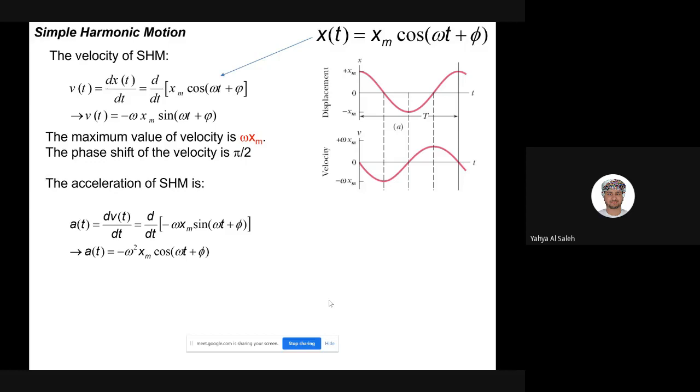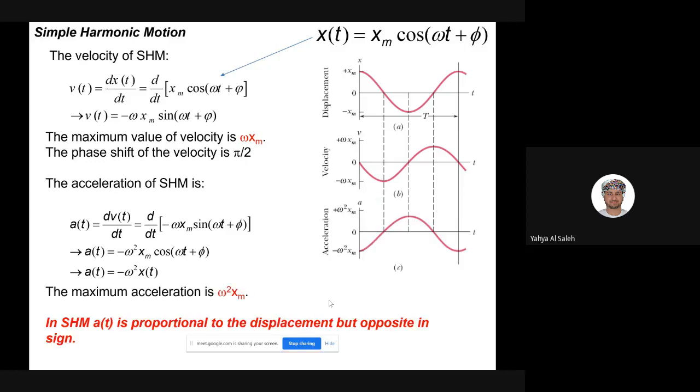So I am going back to my initial function, which was a cosine, but with a factor outside of minus omega squared. So we end up with these three curves: displacement, velocity, acceleration. If my displacement starts with cosine, my velocity will be sine and my acceleration will be back into cosine mode.